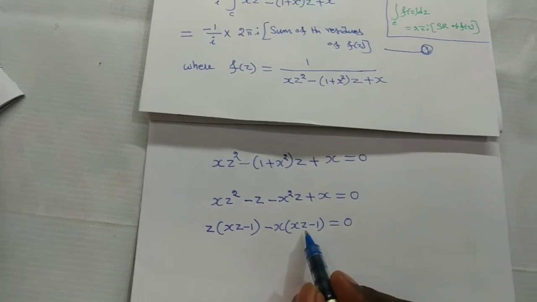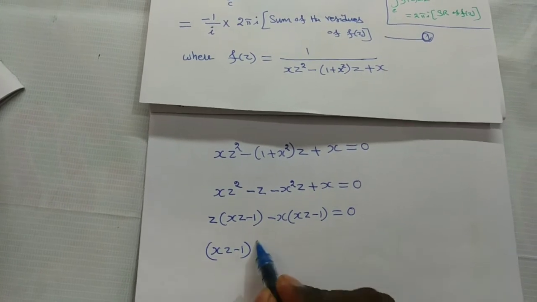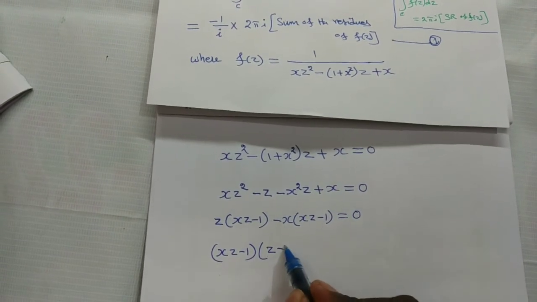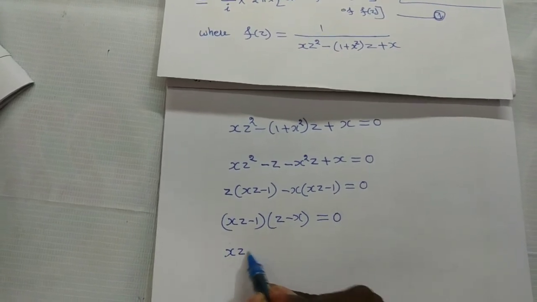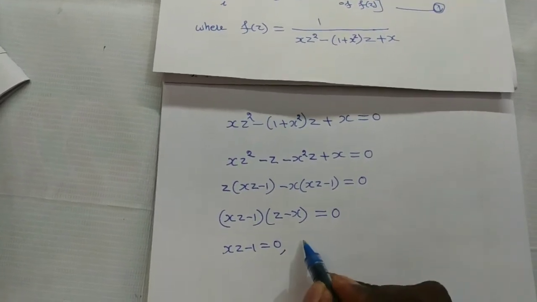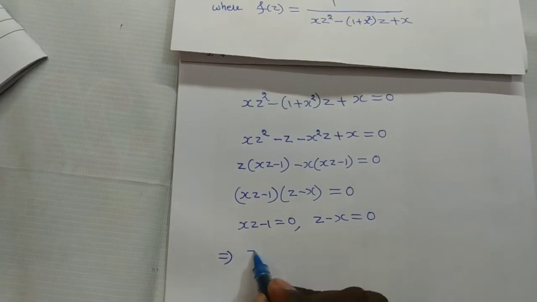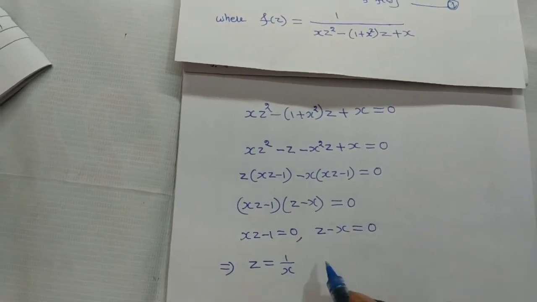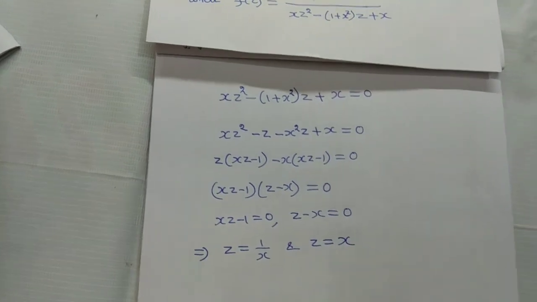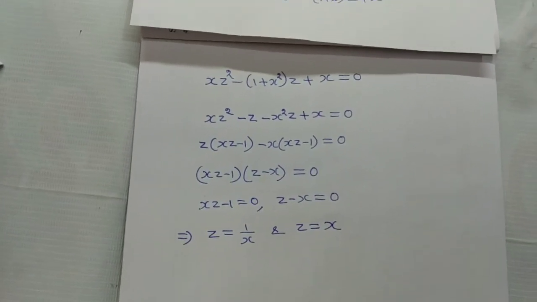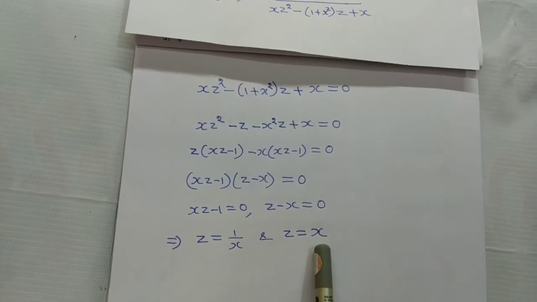So xz − 1 = 0 or z − x = 0. From this, z = 1/x and z = x. So there are two poles: one is 1/x, another one is x.